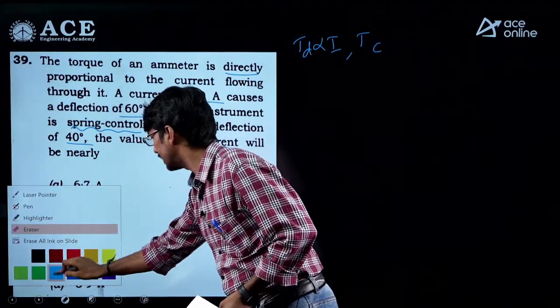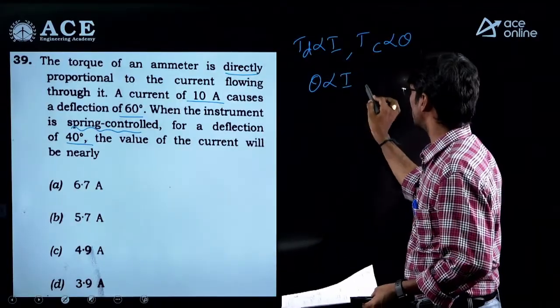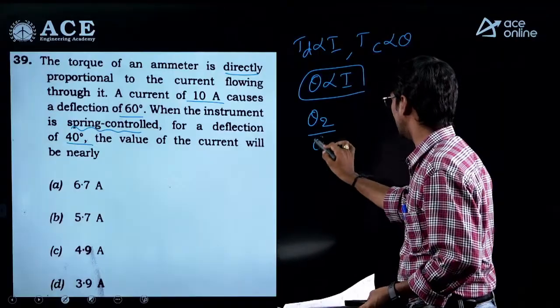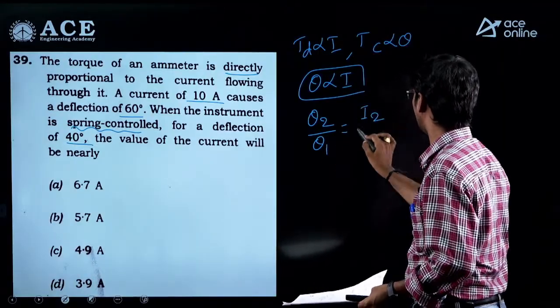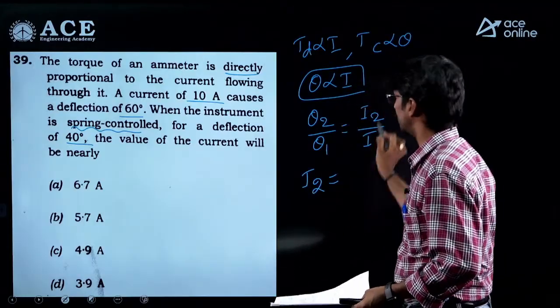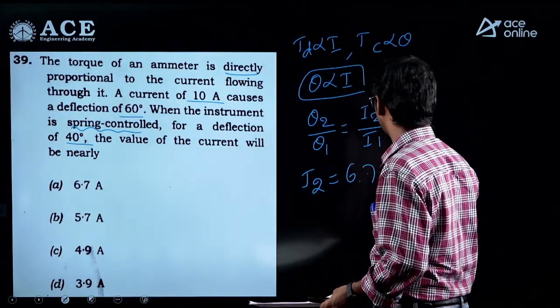Therefore theta is proportional to I. Now, using the formula theta 2 by theta 1 is equal to I2 by I1, you are going to get the current value. Just substitute the values, you are going to get approximately 6.7.